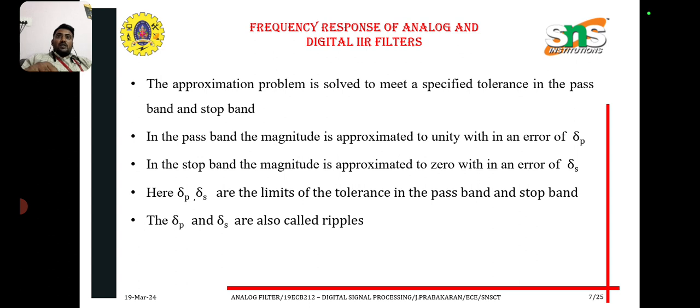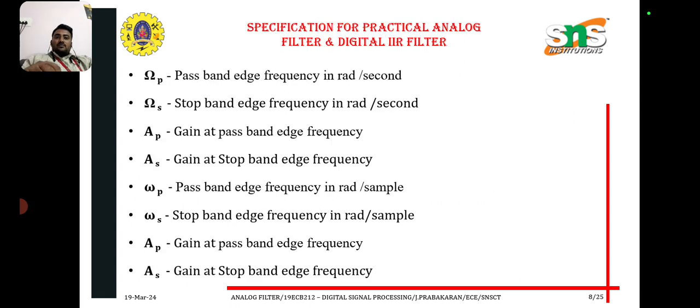The allowable frequency is called the passband frequency. The frequency blocked by the filter is called the stopband frequency.